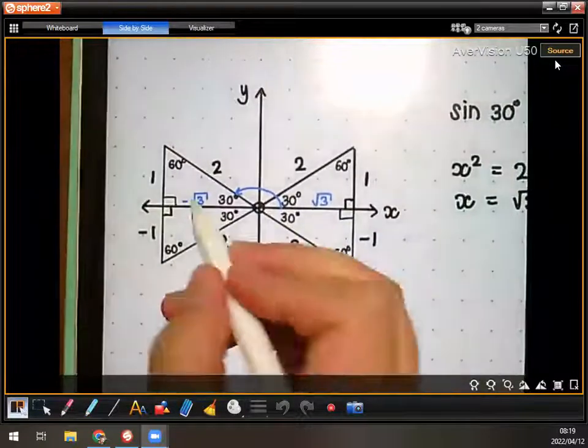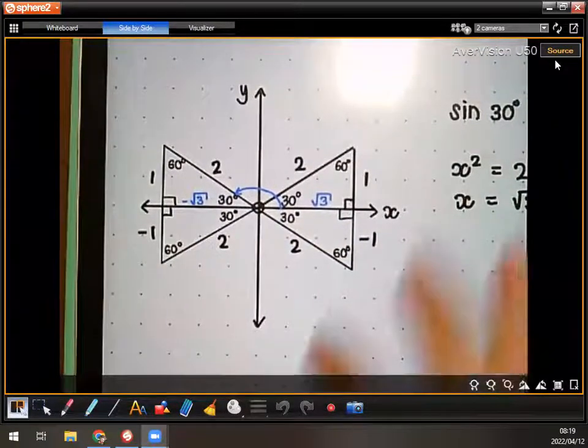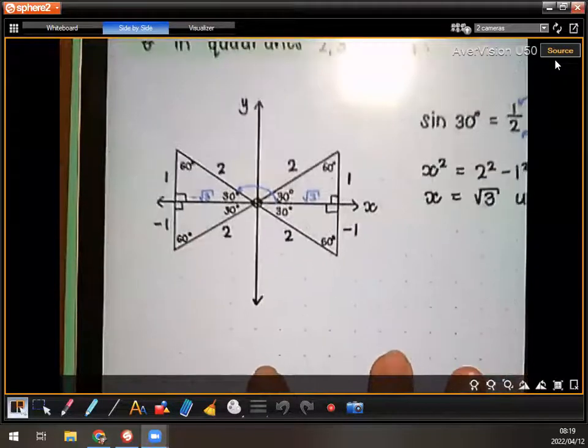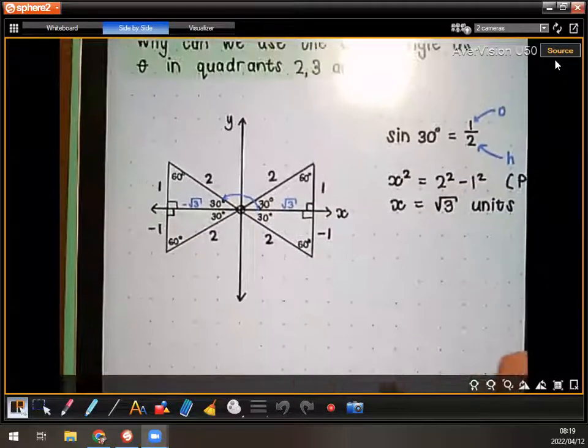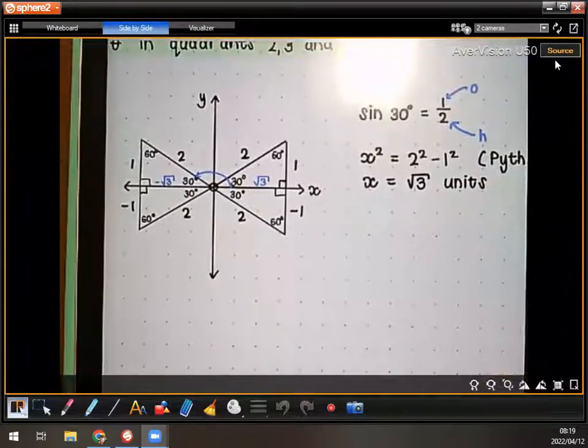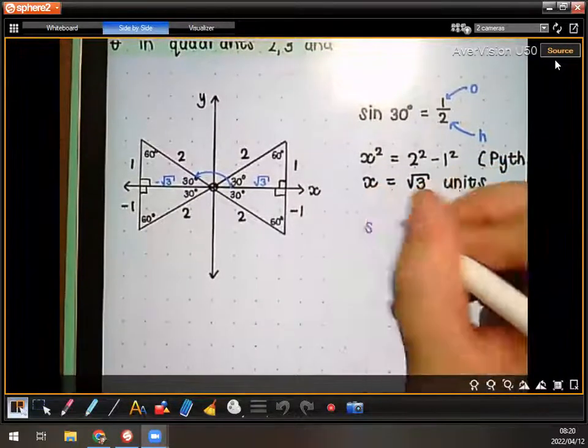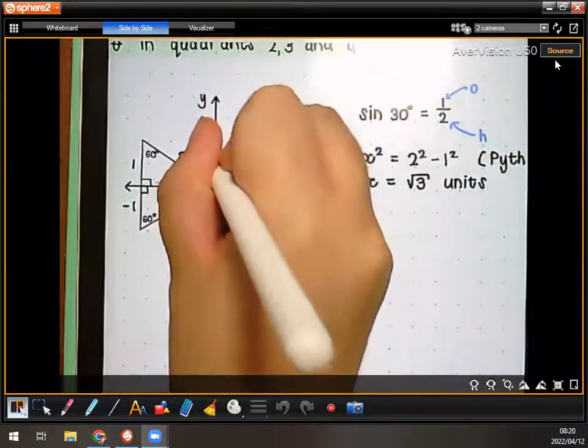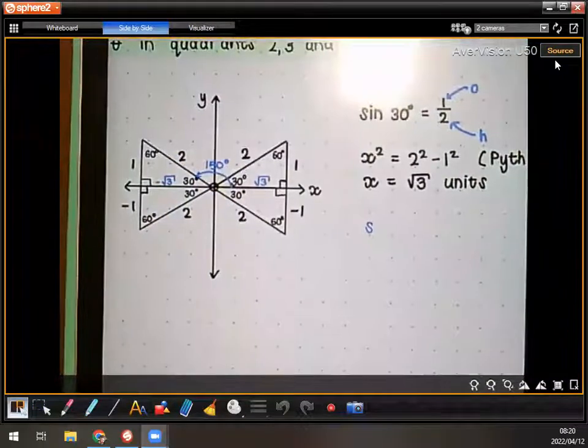Now guys, if you are calculating sine of 150, we're actually going to use the calculator for this so that we can see what we get. Let's put 150 degrees in there, because we're going to be working with that.